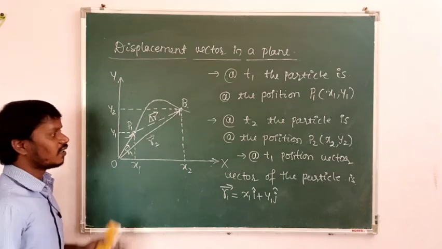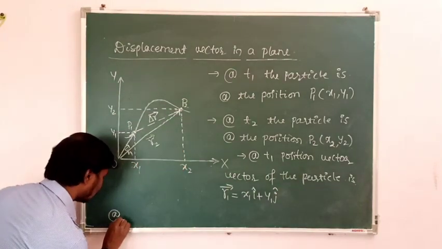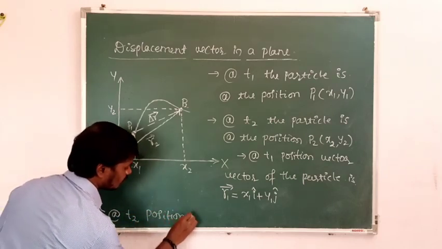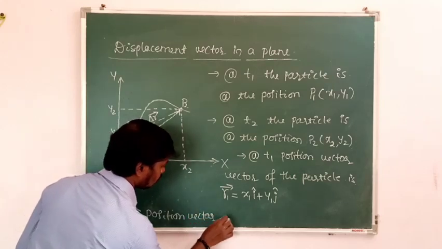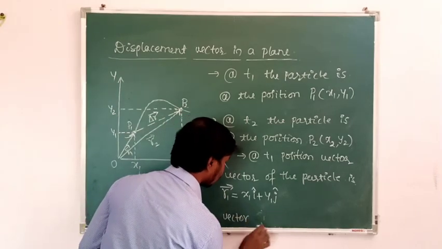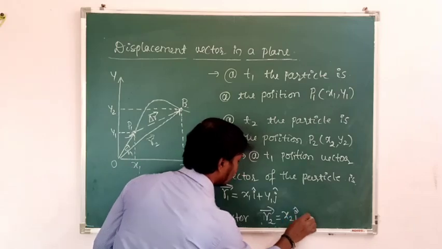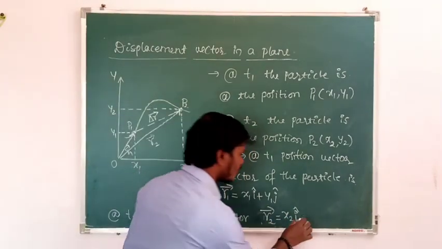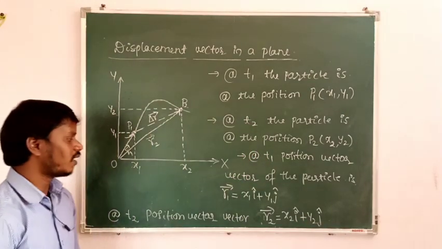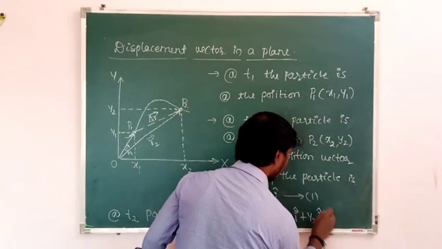Then at the time t2 the position vector of the particle is r2, which is equal to x2 i, the x component of r2, plus y2 j, the y component of r2. Remember these two. I will take it as equation 1 and equation number 2.